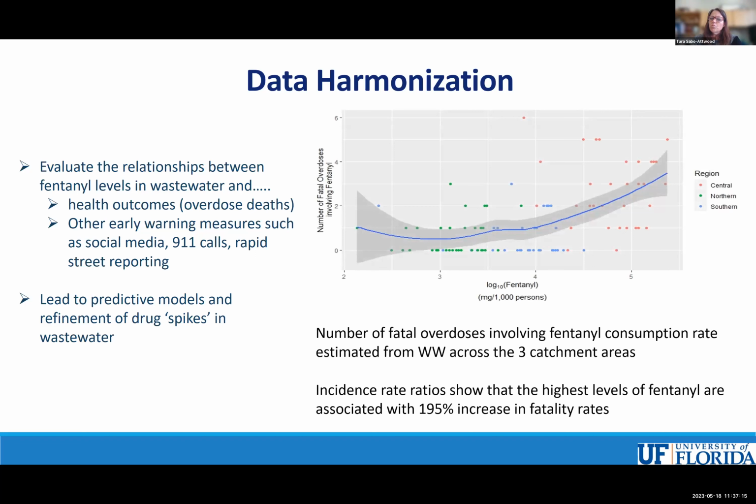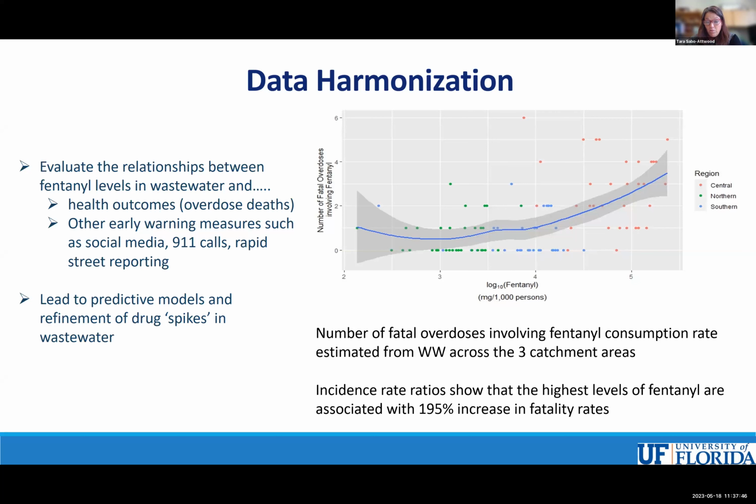And so this is just one piece of data that we've generated. And this is just for one of the cities that had the 3 regions, central, north, and southern regions. We did a whole series of regression analyses looking at the relationship between the number of fatal overdoses involving fentanyl, which is on the y-axis, and then the levels of fentanyl that we found in wastewater based on the consumption rates.